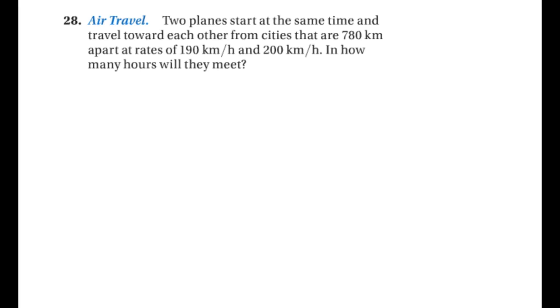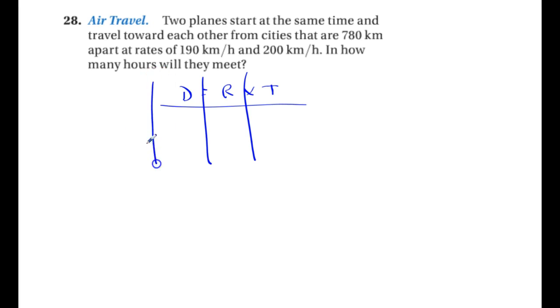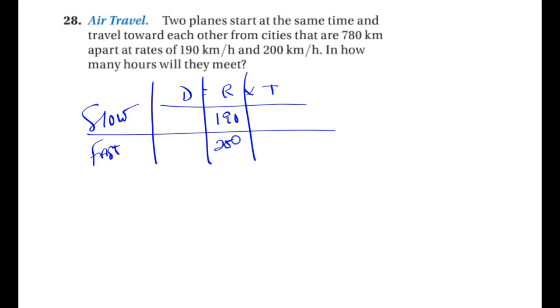Last example. Oh, looks like another distance equals rate times time. This time, let's see what's given. We've got a slower plane that's traveling at a rate of 190, and we have a faster plane that's going at a rate of 200.